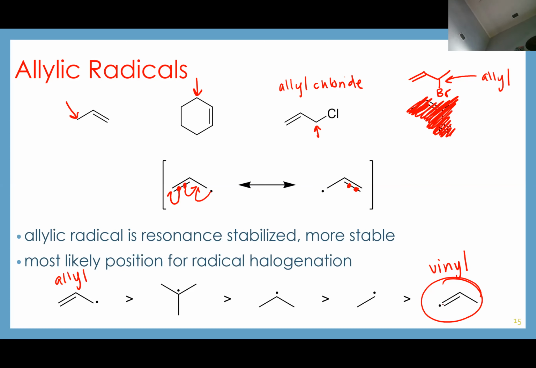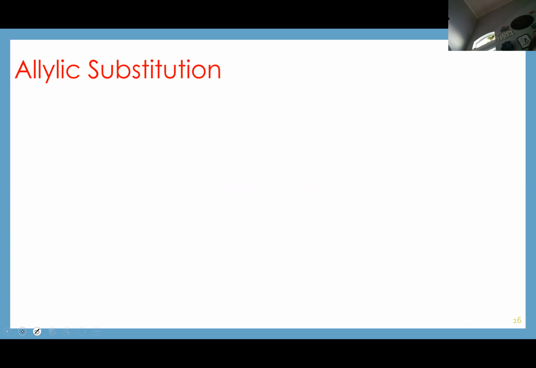It has more s character, so it's a little more stabilized. That bond is less likely to be broken, and there's no resonance here to stabilize that either. So basically, you're just creating more electron density on something that is already experiencing a little more electron density due to the pi bond. So if you do a reaction with a molecule that has an allylic position, that is where the substitution will occur, and it'll occur there almost exclusively.